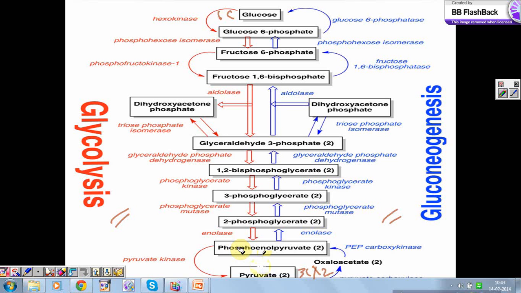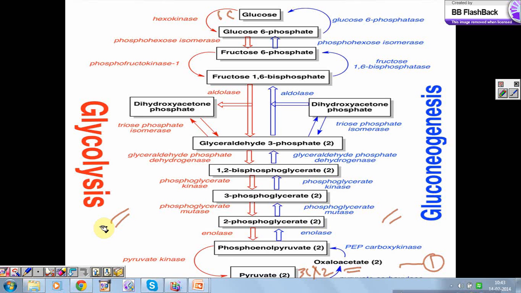Here it is not just opposite to glycolysis, as there are some crucial steps. One of them is this one, where pyruvate cannot directly produce phosphoenolpyruvate. It has a different kind of pathway where oxaloacetate is an intermediate, a substrate within this pathway.